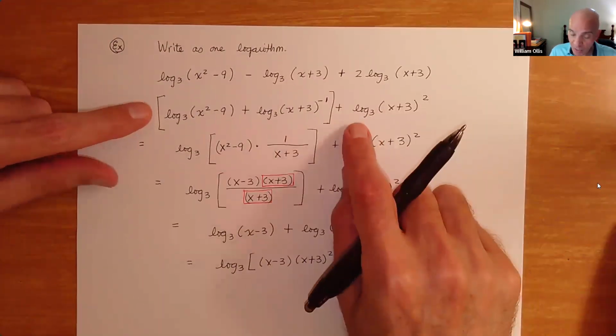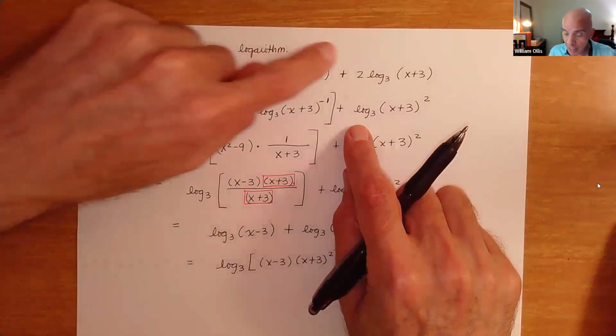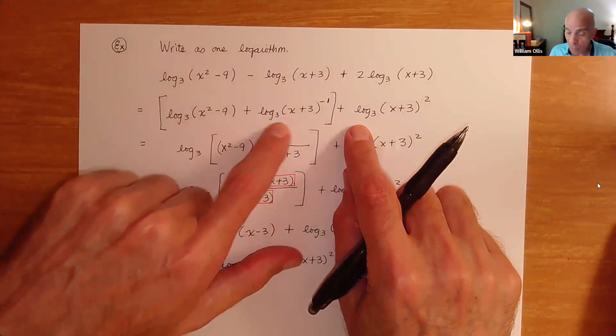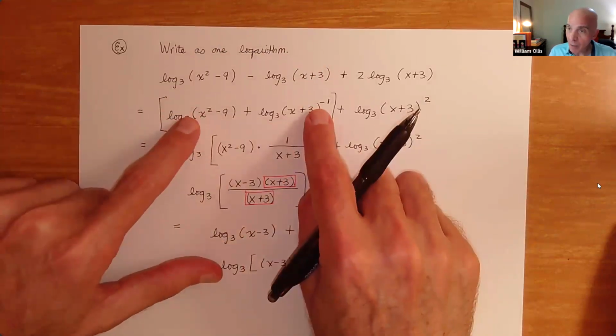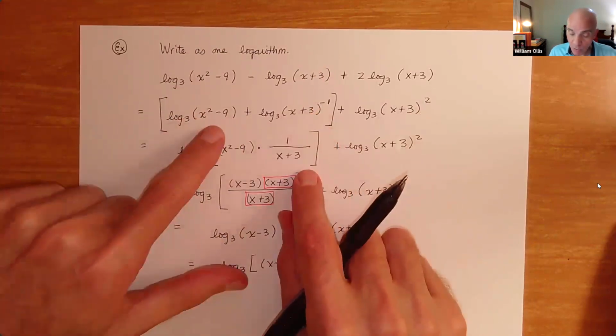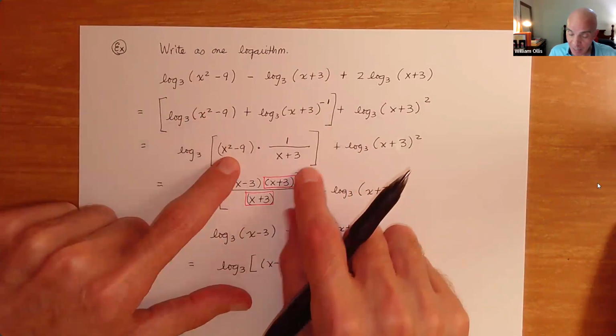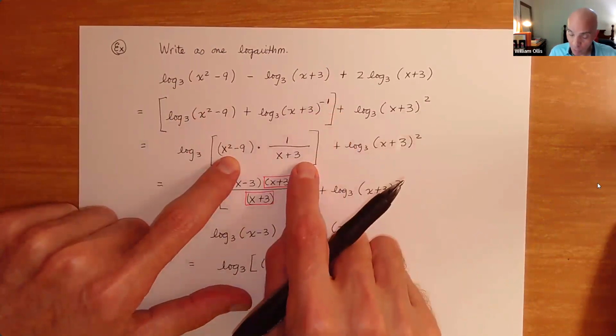So as we applied the power rule, here we're good to go. Here we move up the -1. So we have the base 3 logarithm of x plus 3 to the -1. And now we have the product rule. That is, the sum of logs is the log of a product. So we multiply x squared minus 9 times 1 over x plus 3 because of the -1 power.